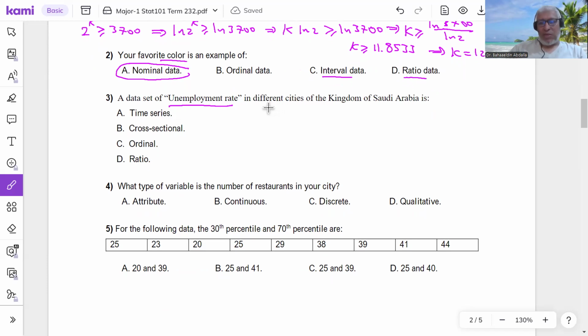So successive time. Cross-sectional if it is taken at one specific time. And that's what it appears here because he didn't say every year or something. So the answer is cross-sectional.